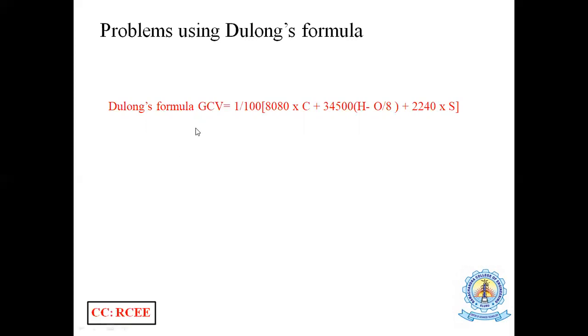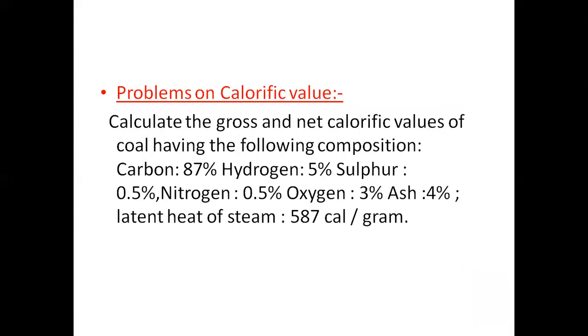Let us observe one problem: calculate the gross and net calorific value of coal having the following composition. So we need to calculate both GCV and NCV.